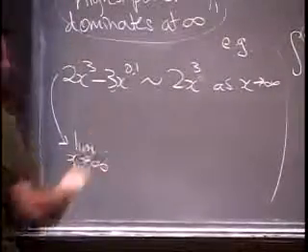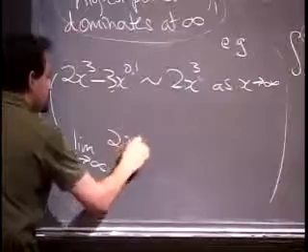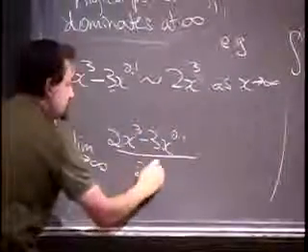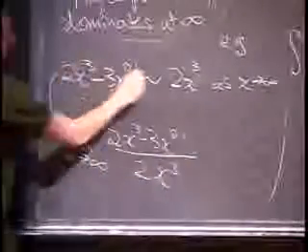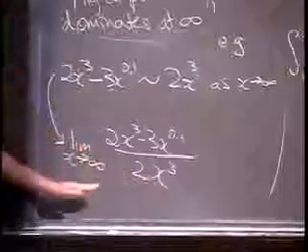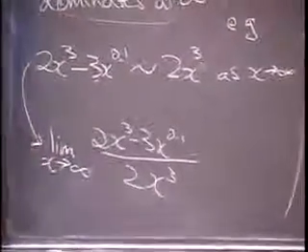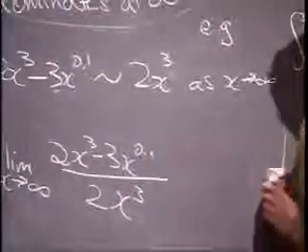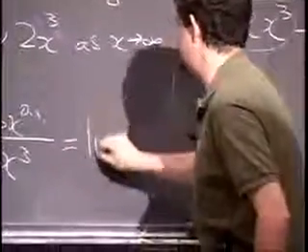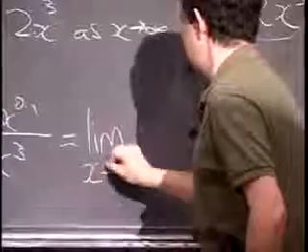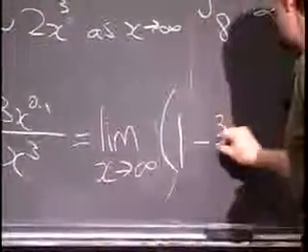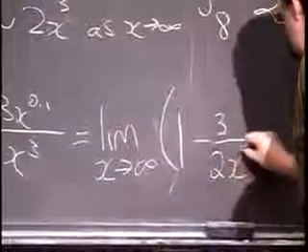In this case, as x goes to infinity, you have 2x cubed minus 3x to the point 1 over 2x cubed. If you're going to write something behaves like something else, write down their fraction and take the limit. And in this case, it's pretty straightforward. This equals the limit as x goes to infinity of 1 minus 3 halves, and I think you have x to the 2.9 on the bottom.